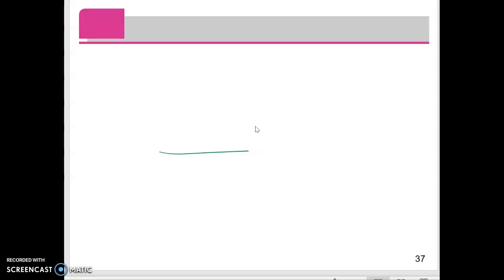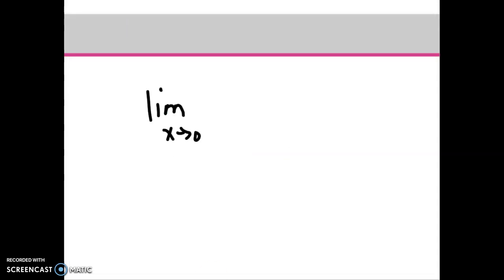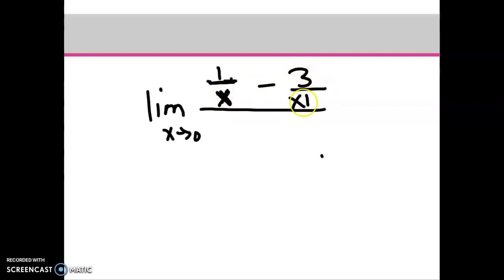If I gave you a function like this, well, you know how to deal with the algebra, all right? That is, this is a complex fraction, right? This big fraction, you got fractions within fractions.